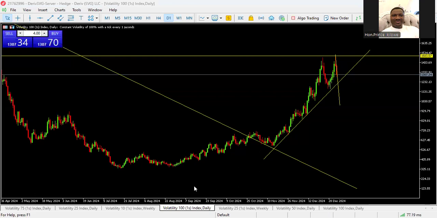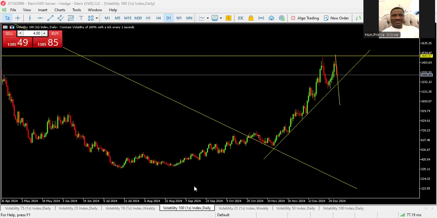Any questions about Boom and Crash not respecting stop loss and take profit? Well, I don't like to trade that market because of how it behaves. So you have to try it out on demo to see if it does. A lot of people say it does not respect take profit and stop loss, but I have not experienced that because I don't trade it at all.